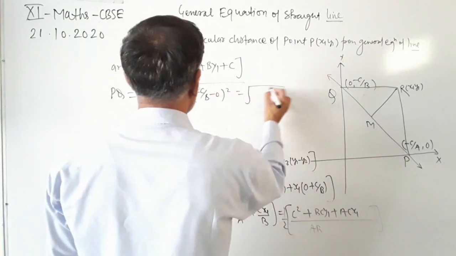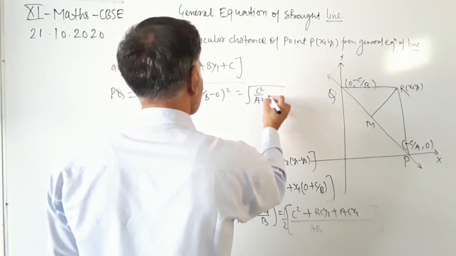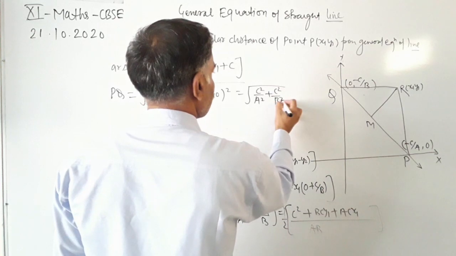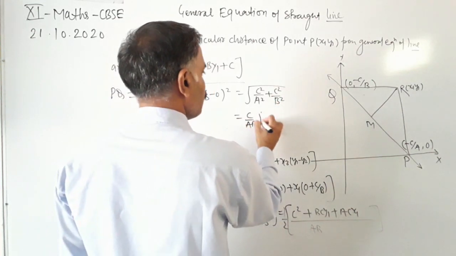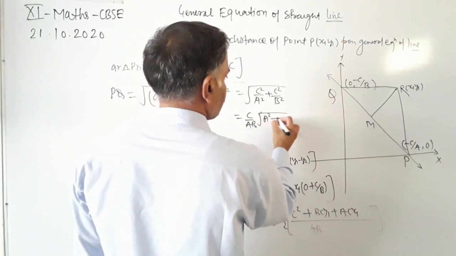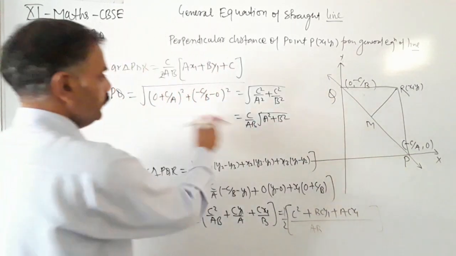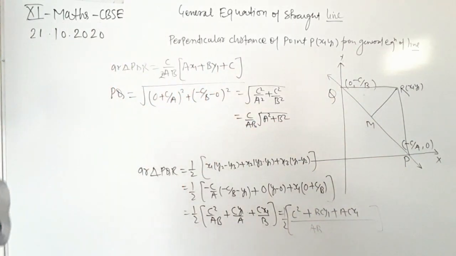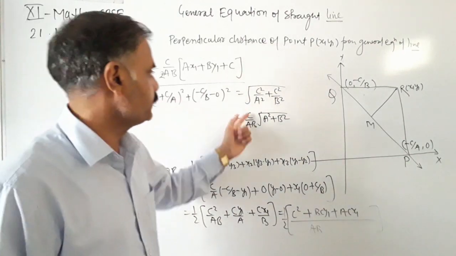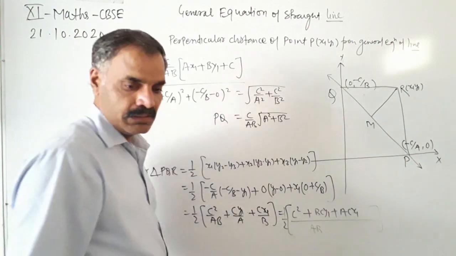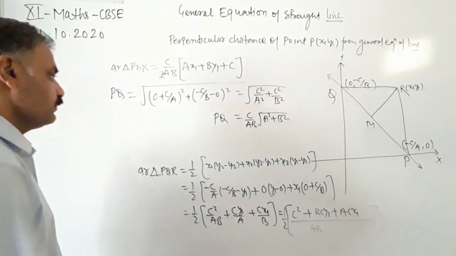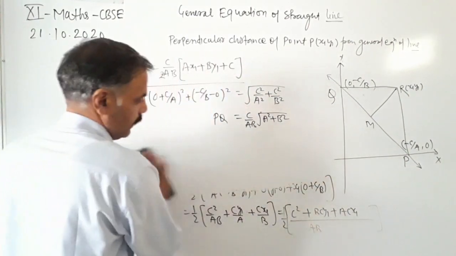So this is equal to c square upon a square plus c square upon b square, and this is equal to c upon ab under root a square plus b square. This is PQ.